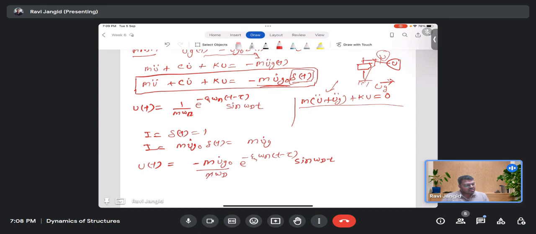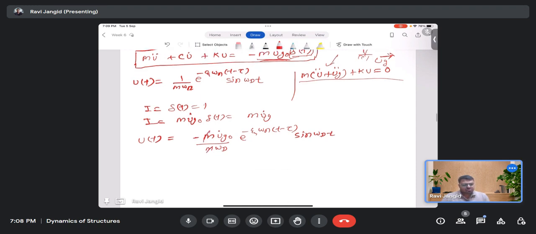Okay, so m will cancel out. So u(t) becomes minus ug naught dot over omega d, into e raised to power minus xi omega n (t minus tau), sine omega d t.